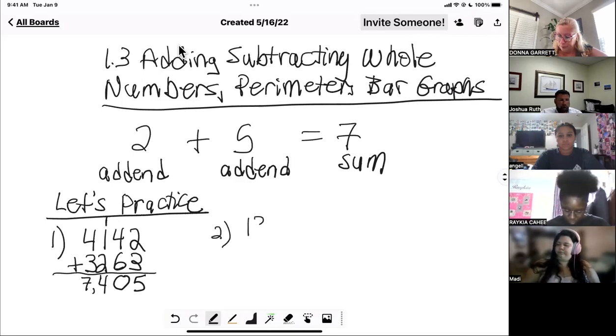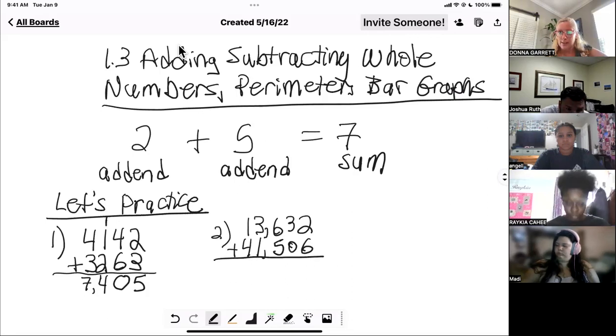Number 2. 13,632 plus 41,506. And we're going to add this. 6 plus 2 is 8. 3 plus 0 is 3. 6 plus 5 is 11.